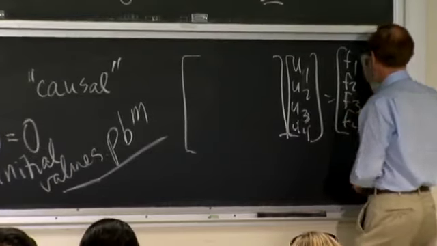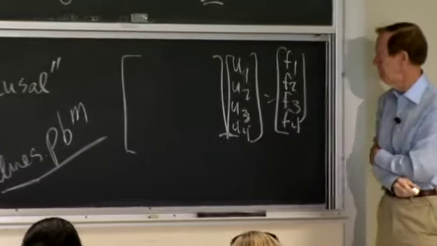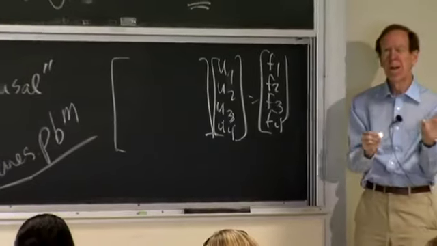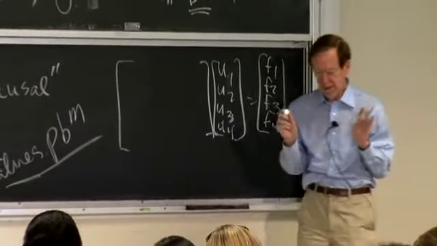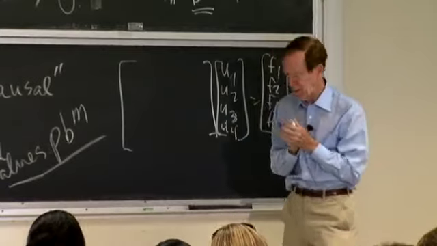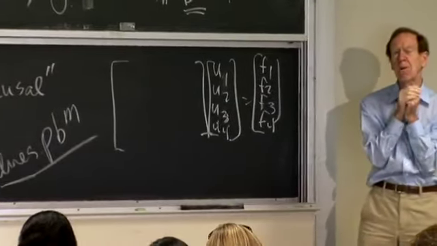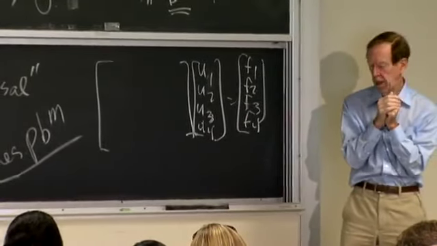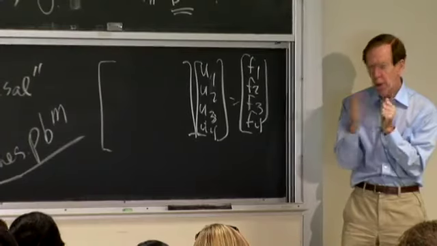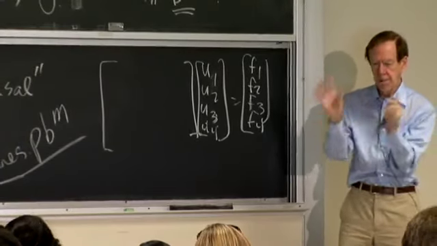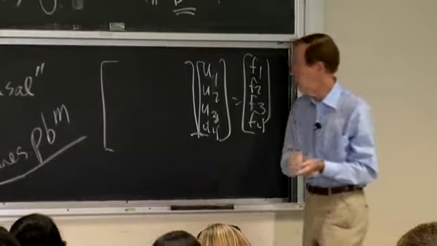What kind of a matrix am I going to get? This is a good question. What's the shape of this matrix? It's going to be triangular. Instead of being symmetric, it's going to be triangular.